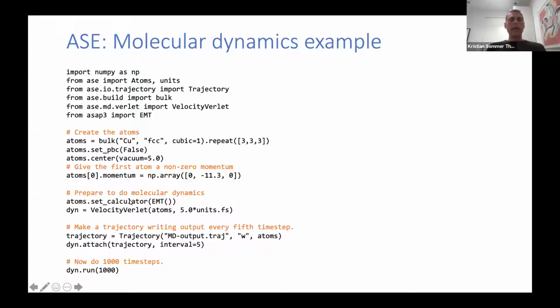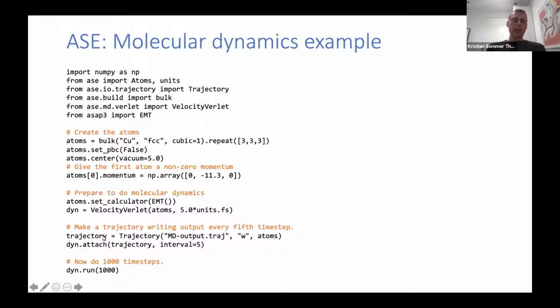And then we add a calculator to the atoms object. And in this case, it's an EMT calculator. EMT stands for effective medium theory. So that's an interatomic potential code. And we define a dynamics object, which is a velocity Verlet object that takes the atoms as input, and then a time step.